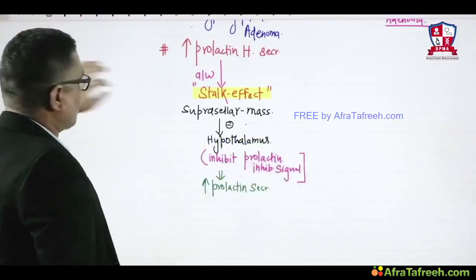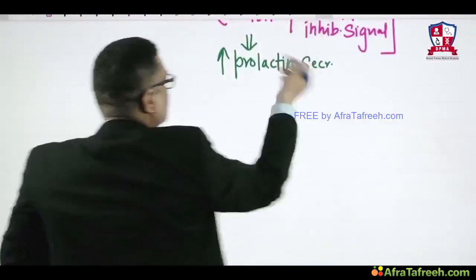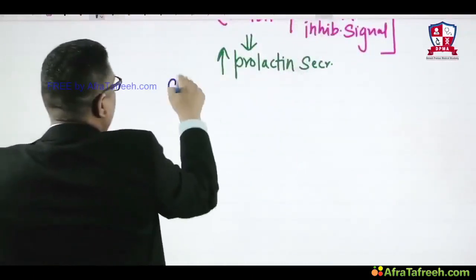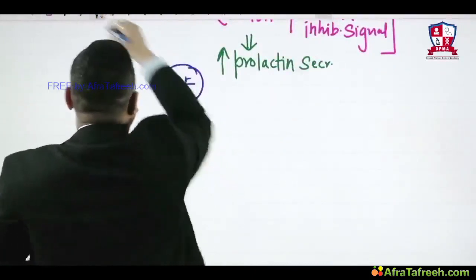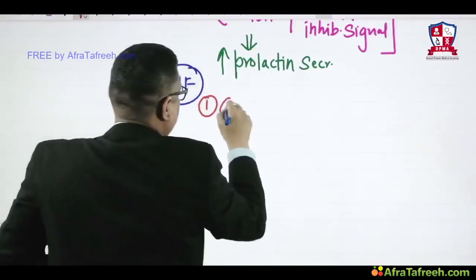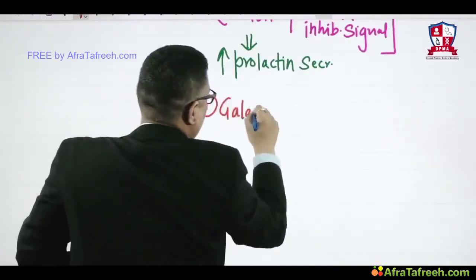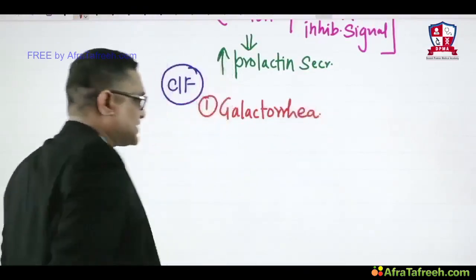And because of more prolactin secretion, what will happen in prolactinoma? If you look at the clinical features, they will have galactorrhea, meaning excessive milk discharge.